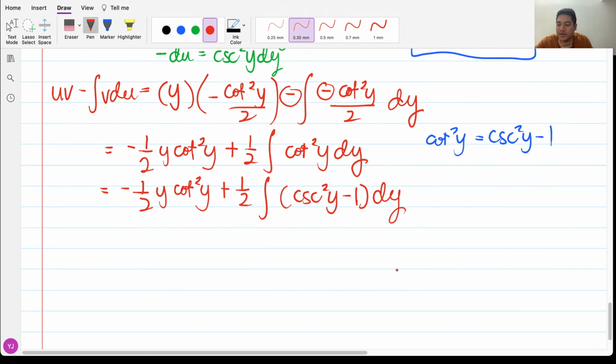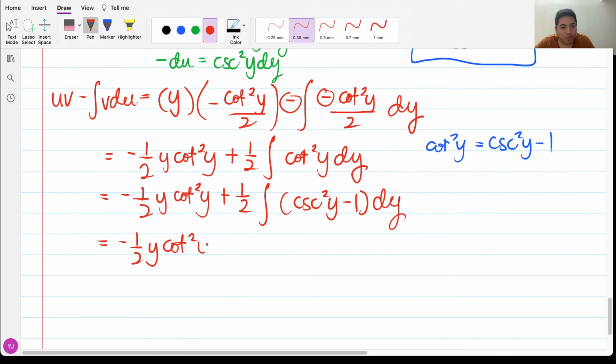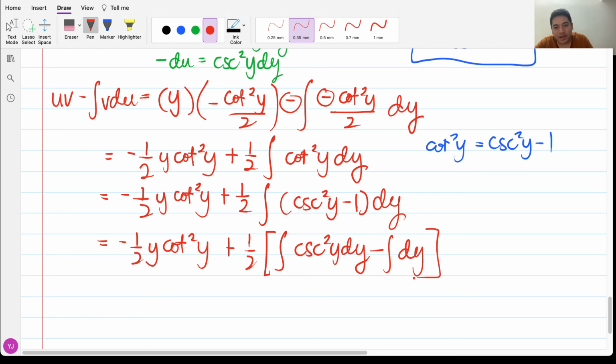So if I do that, I have negative 1 half y cotangent squared of y plus 1 half, distributing the integral sign, the integral of cosecant squared y dy minus the integral of dy.